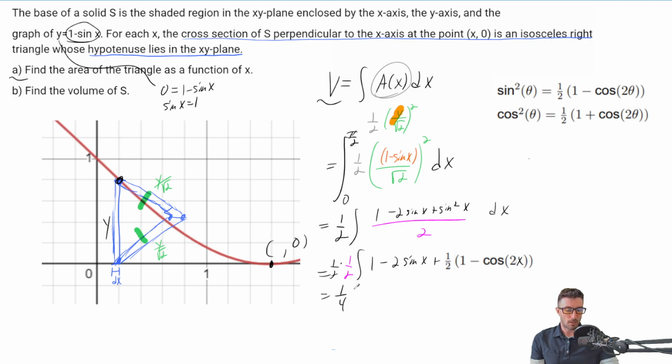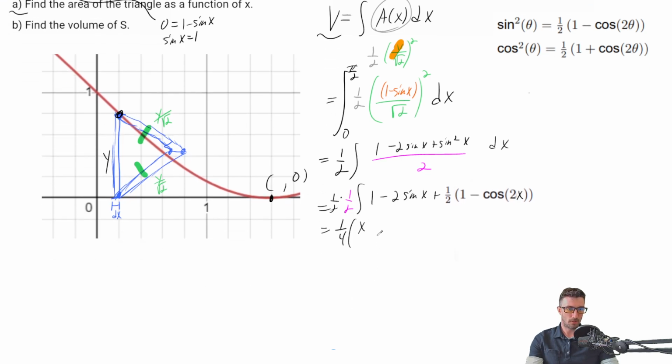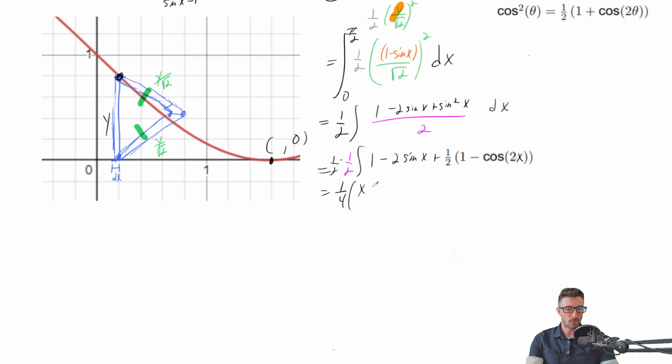And now we're actually going to have to take the integral. So the integral of 1, that is x. Am I covering up any of this? I hope I'm not. Anyway, so this is x, and then minus 2 negative cosine, so that would be plus 2 cosine.